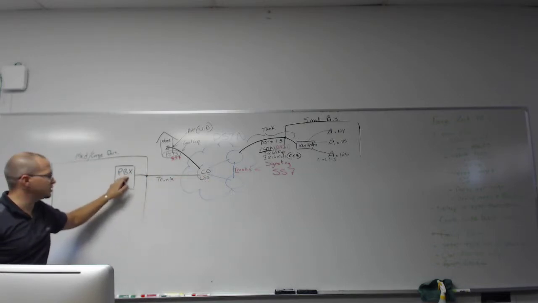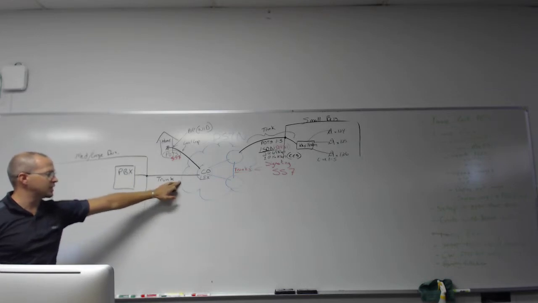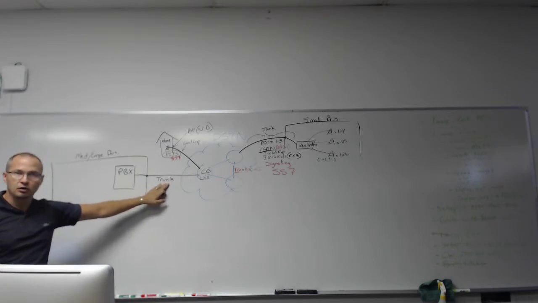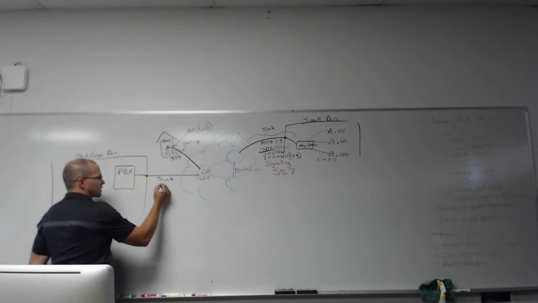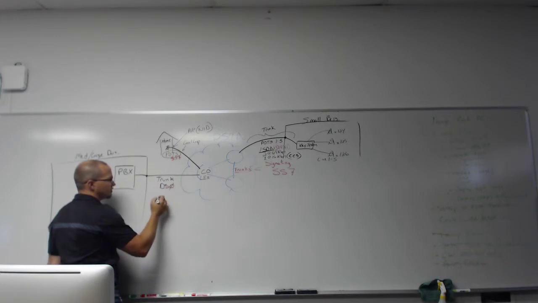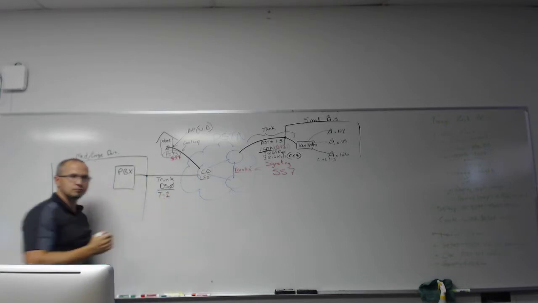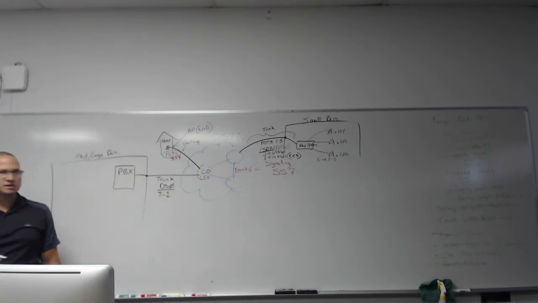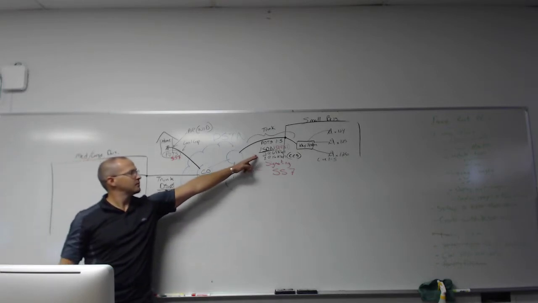And the type of trunk line you're going to get is going to have to be a trunk line that is going to be able to support larger call volume. The larger call volume can come in on a trunk line on a DS0 or DS1, which is also referred to as a T1. And a T1 is similar to ISDN.